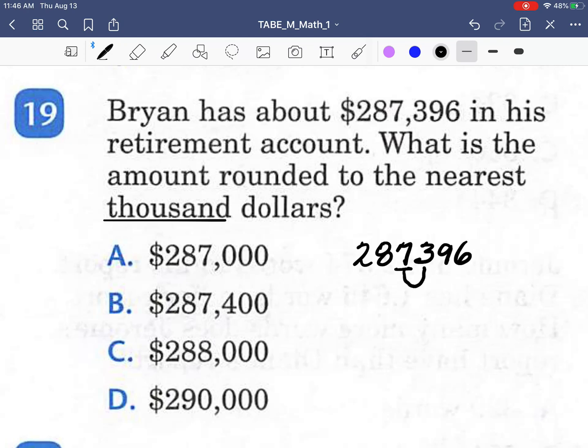Look at the neighbor, and the neighbor says stay. Neighbors round off, leaders stay the same. So the answer to number 19 is A, $287,000.